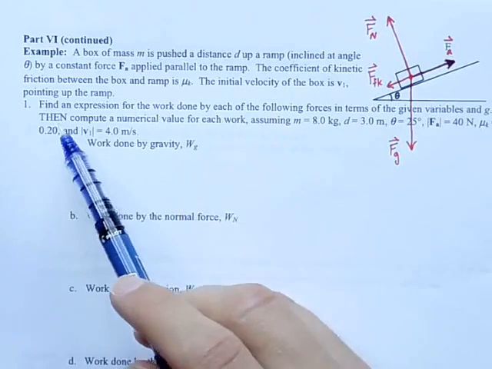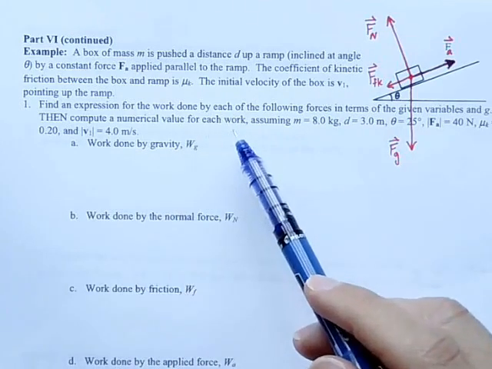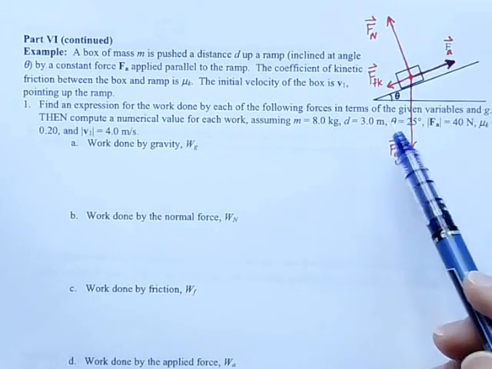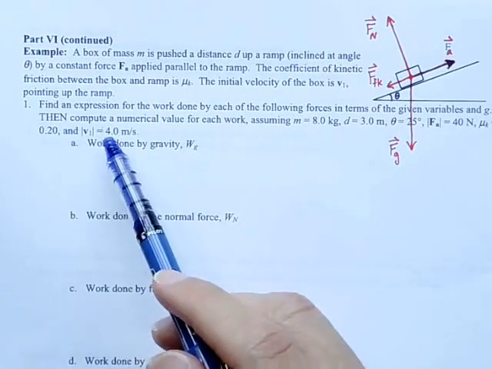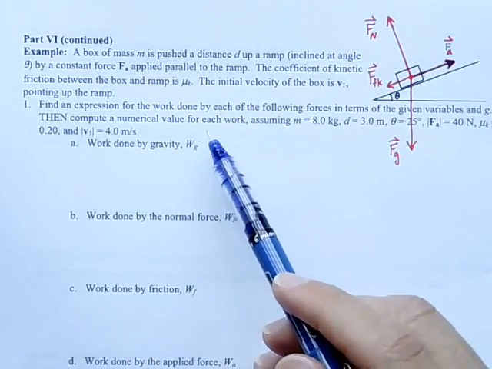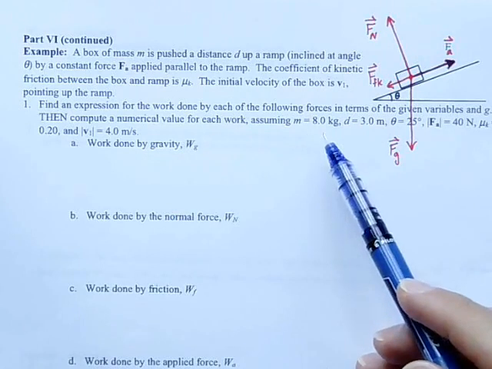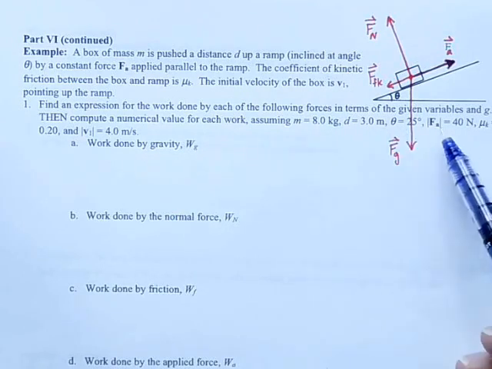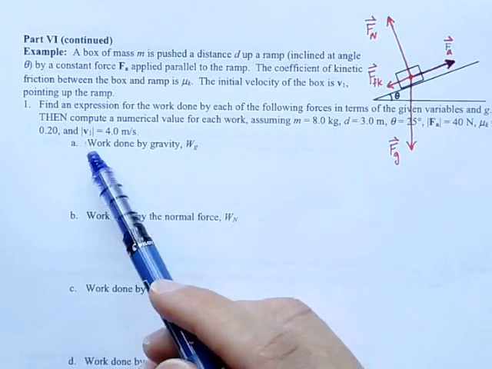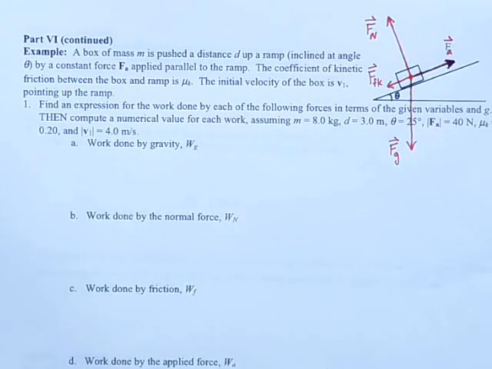Number one, find an expression for the work done by each of the following forces in terms of the given variables and little g. Then compute a numerical value for each work, assuming these numerical values for the mass, the distance, the angle, the magnitude of the applied force, the coefficient of kinetic friction, and the initial speed.